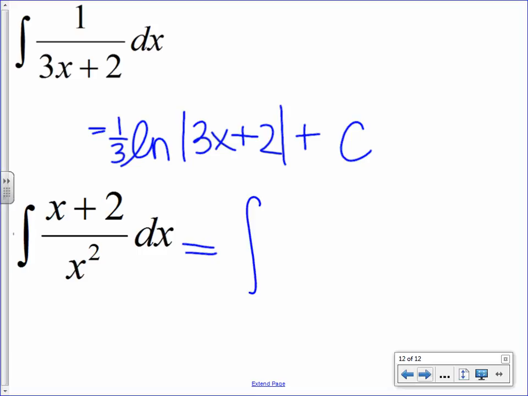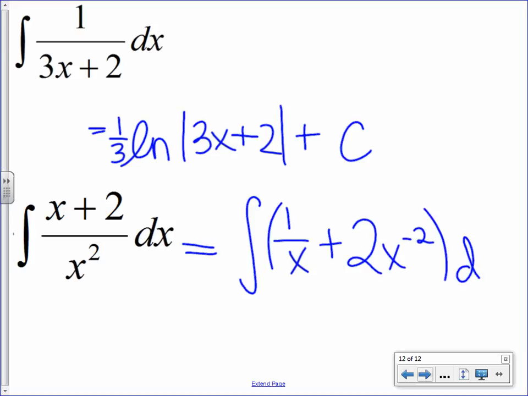All right. We need to rewrite this. How can we rewrite this? This becomes 1 over x, plus this becomes 2x to the negative 2. Thank you for thinking ahead there. We can rewrite that one as a nice power rule for us, right?